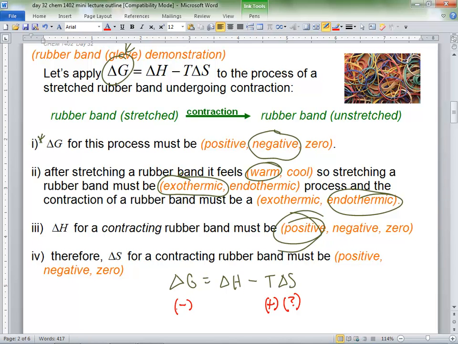And we said delta H for a contracting rubber band is positive. Now you look at this. Delta S has to be what? Look at it. Right? Positive minus positive. Man, you can get 0 out of this. That doesn't look good. And you got to end up with something negative. What does delta S have to be?